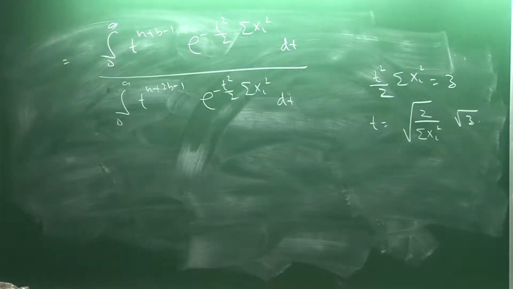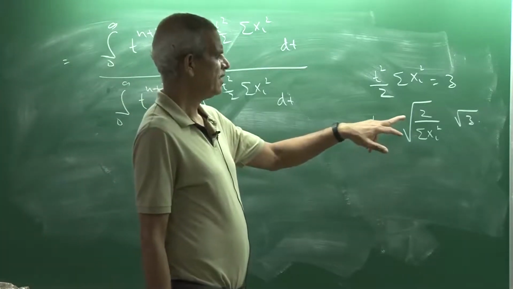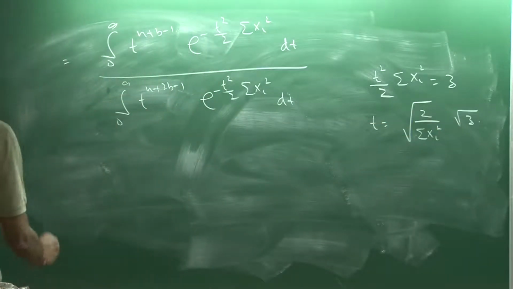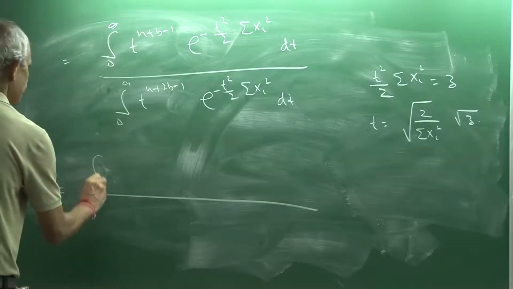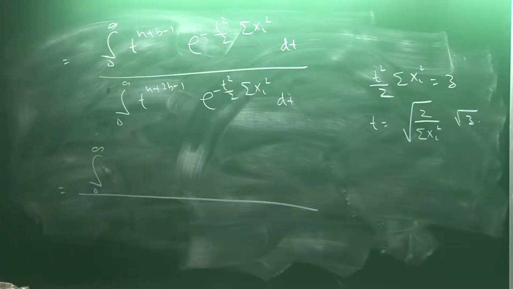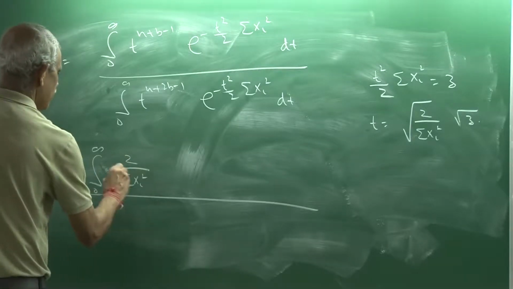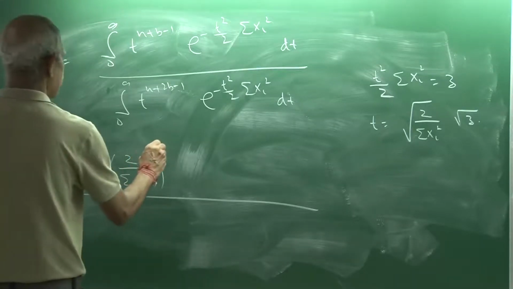So dt is nothing but this term times 1 by 2 root z. So this becomes the integral from 0 to infinity of t to the power n plus b minus 1, so 2 upon summation xi square to the power half, n plus b minus 1.